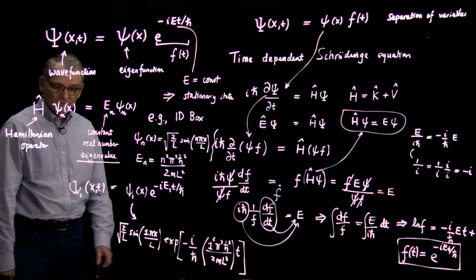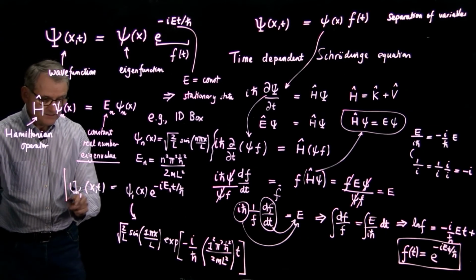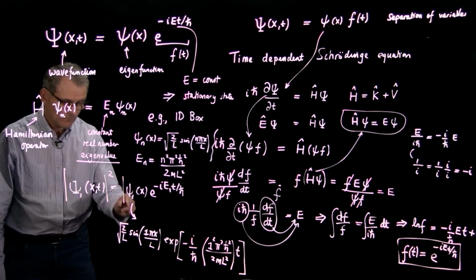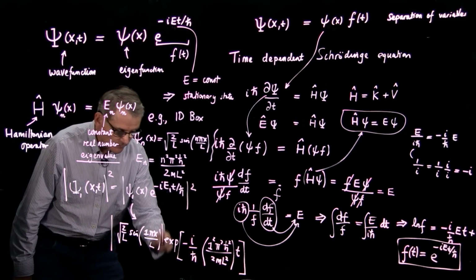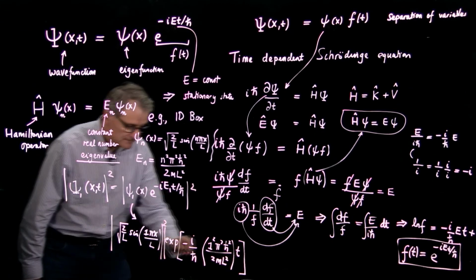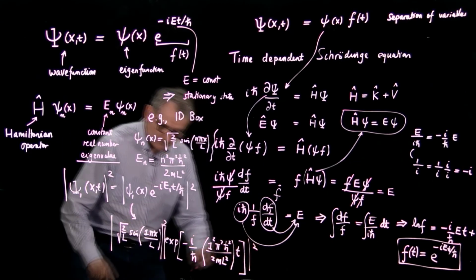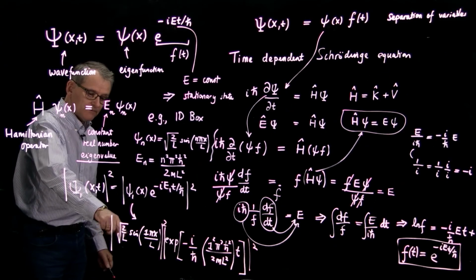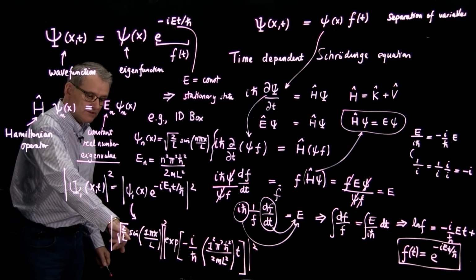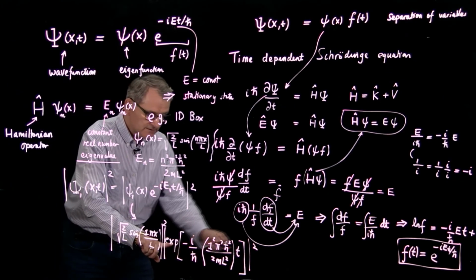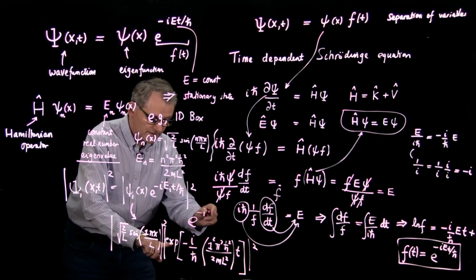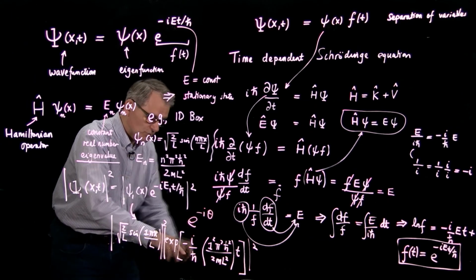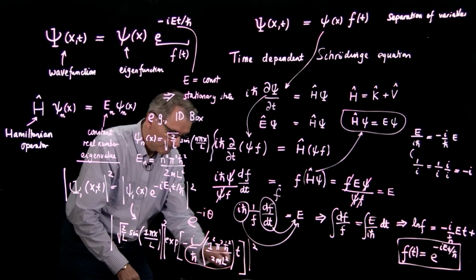Finally, you can show that if I take the magnitude squared of this, it is simply the square of this function here. When I take the magnitude of the exponential, it is essentially e to the minus i times some angle, where this angle is all of these constants here.